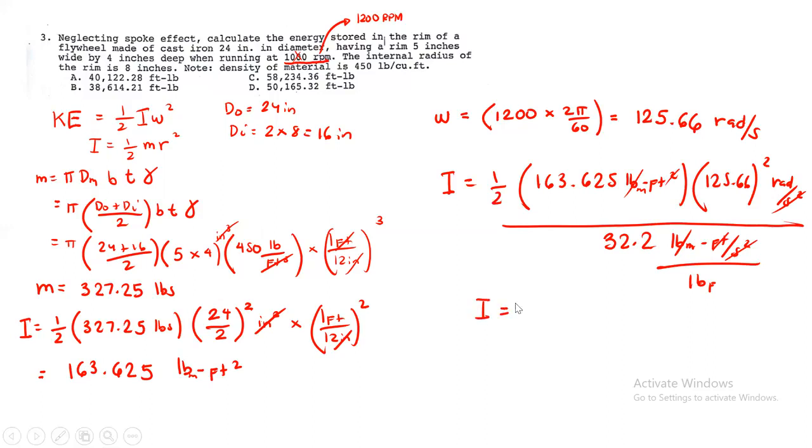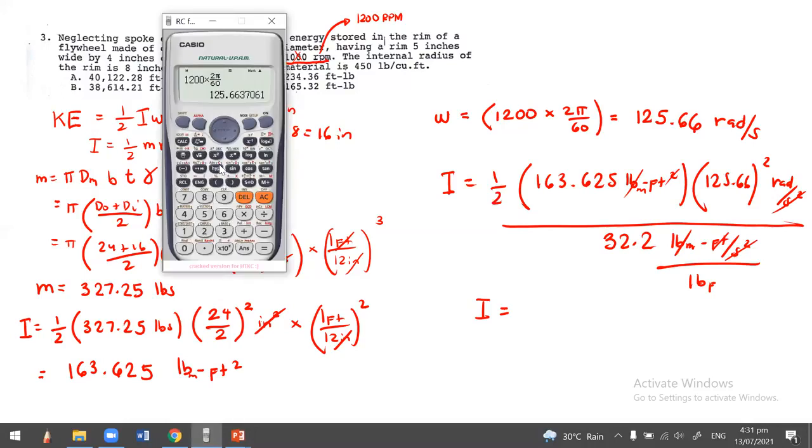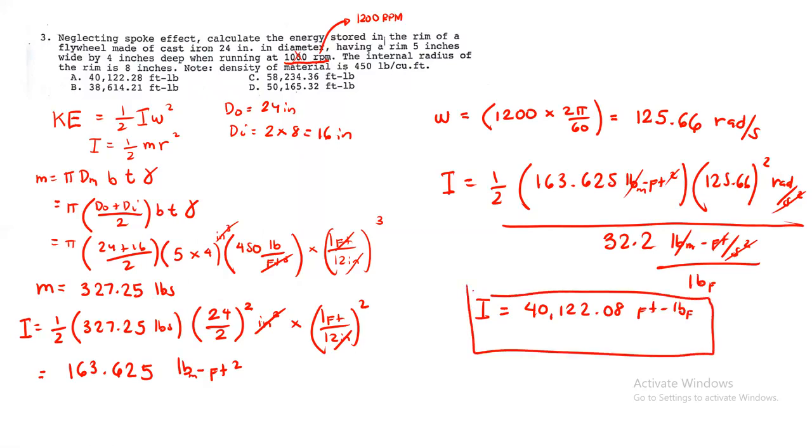So, I is equal to, ilan ilalabas? 163.625 times 1 half divided by 32.2. So 4122.08 foot to pounds of force. Yun na kagad yung sagot. So A.